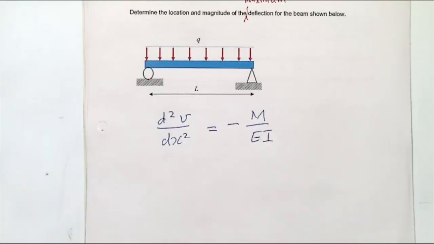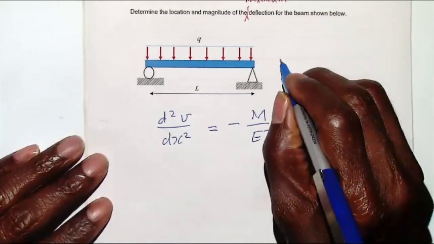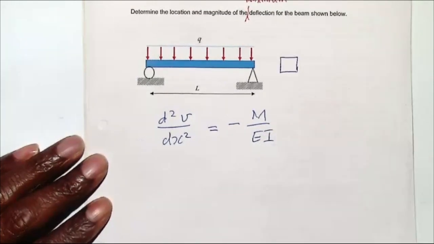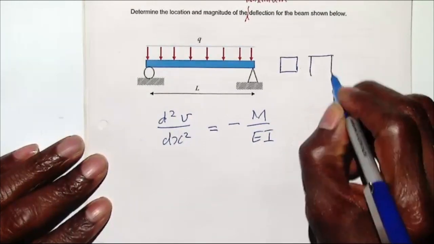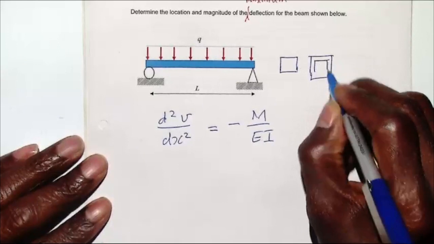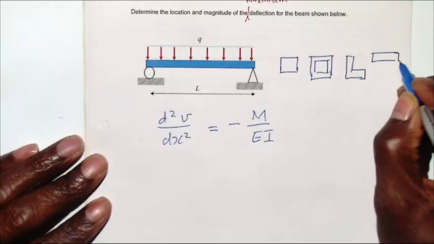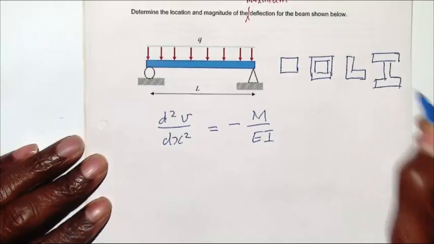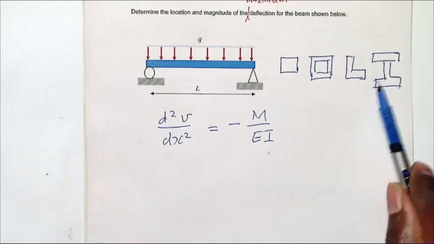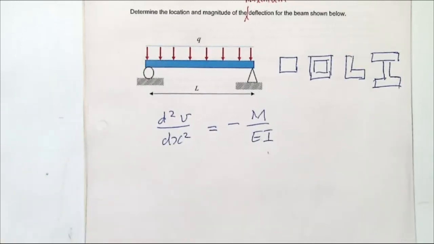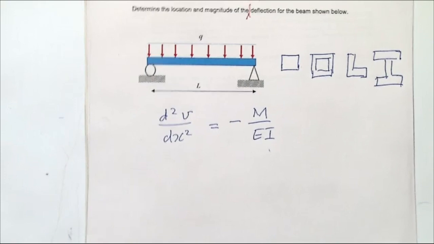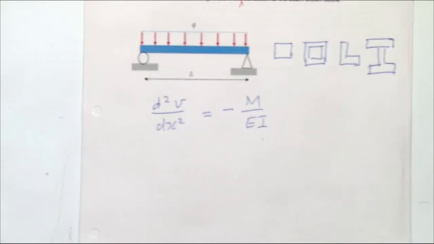E is the Young's modulus, and I is our second moment of area, which will come from whatever cross section the beam has got. It can be a box, it can be an L cross section, it can be an I beam, it can be anything. So you'll find I based on whatever cross section that you've got, and that is I about the neutral axis.